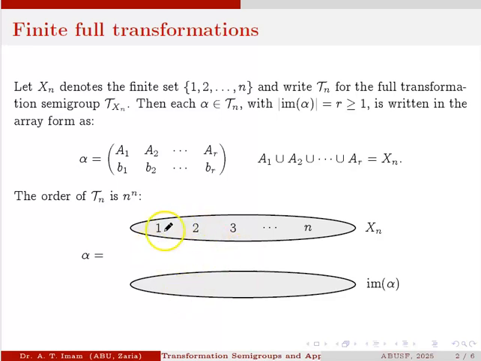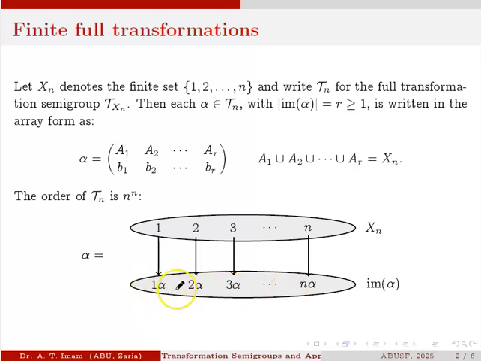So you think of a full transformation as a mapping sending a point of Xn to an image. And so therefore 1 will map to its image, which we denote by 1 alpha, and 2 will also map to 2 alpha, 3 will map to 3 alpha, and n will map to n alpha. But these 1 alpha, 2 alpha, 3 alpha, and n alpha can be any point of the set Xn.